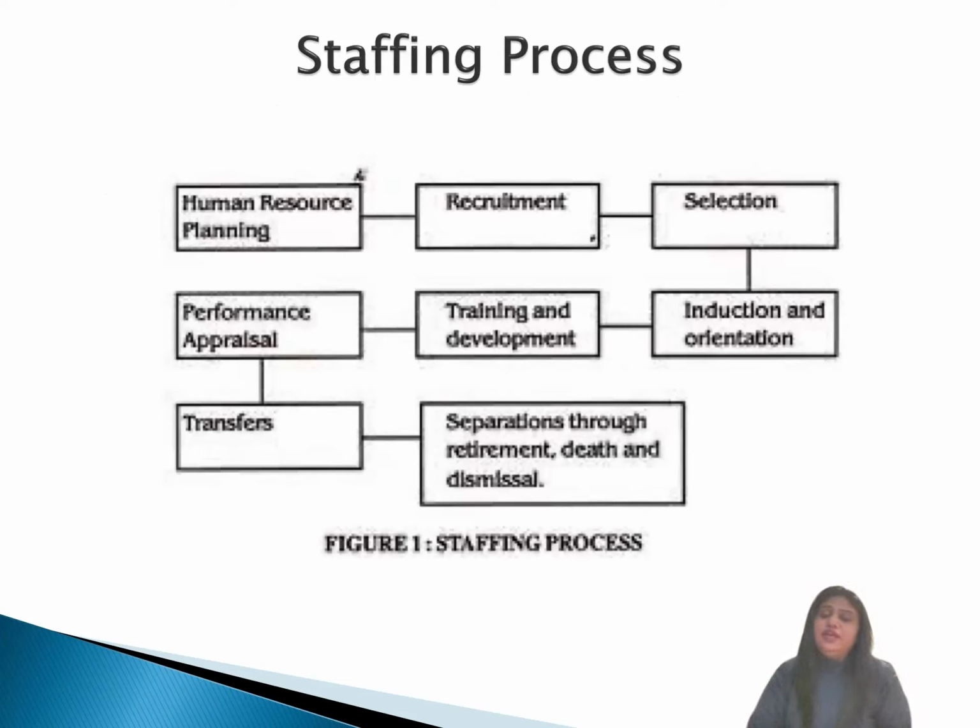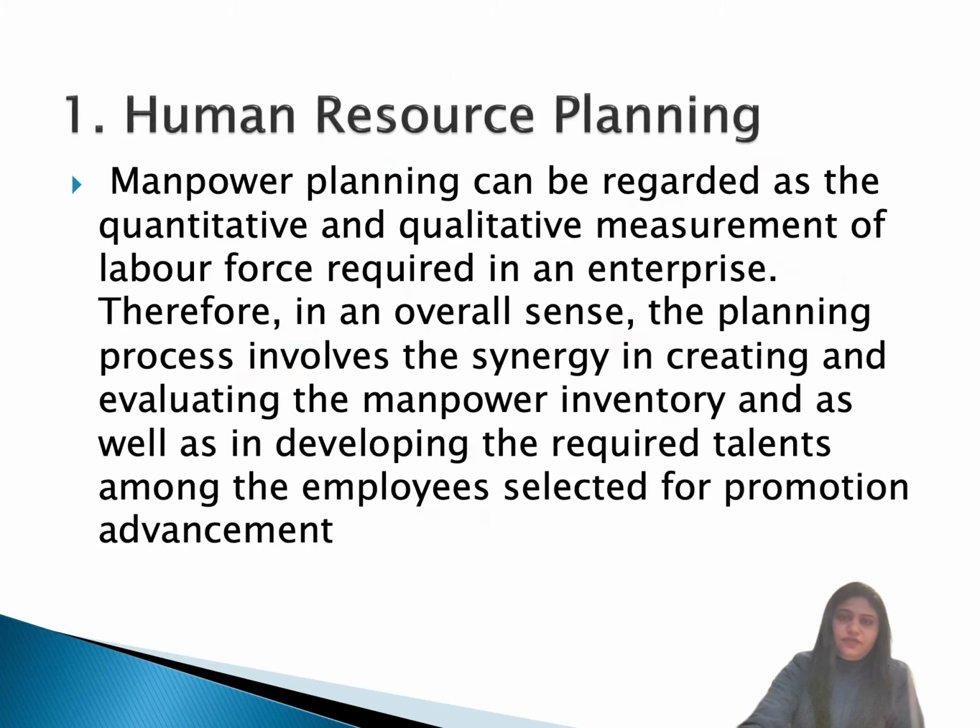Then we'll do the training and development of the employees, and we'll do their performance evaluation or performance appraisal. And according to their performance evaluation, we'll do their transfers, demotions, and promotions. So let's talk about the first process, that is human resource planning.